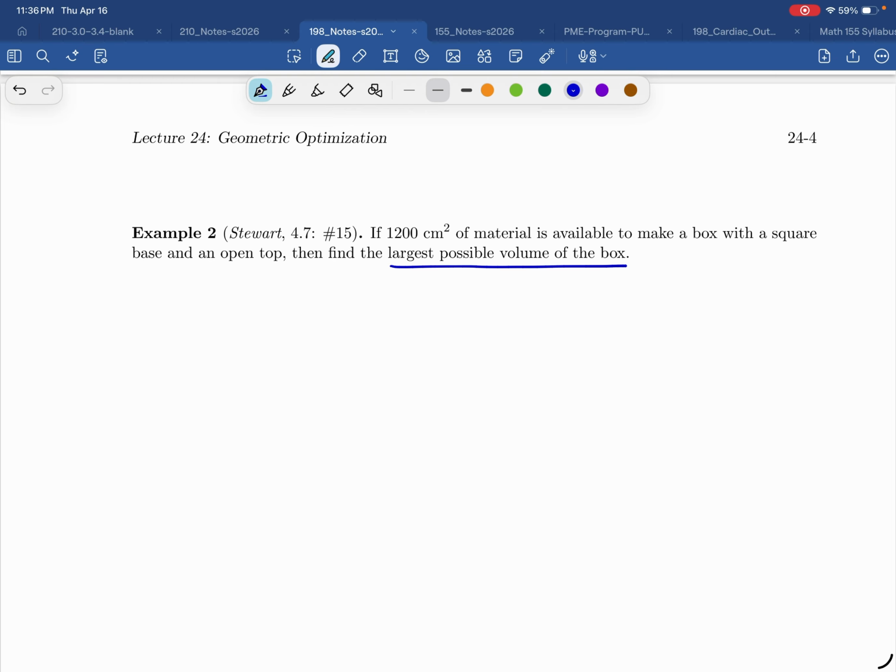Okay, well, first off, again, draw a picture. I will, again, use brown, as boxes are typically brown. And maybe I should make that base a little more square looking, right? We don't know how high this box goes, so I'll say that's a bit taller.